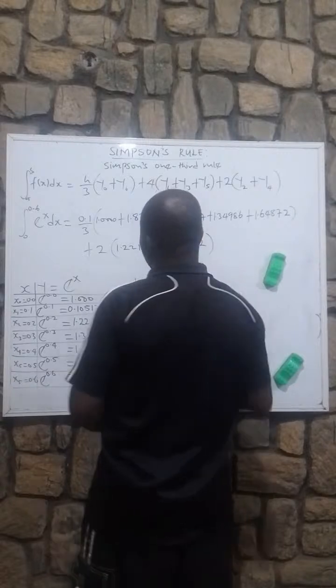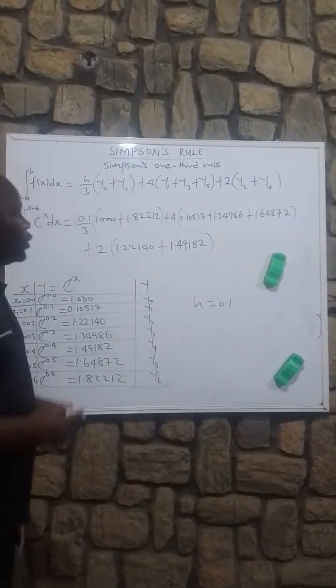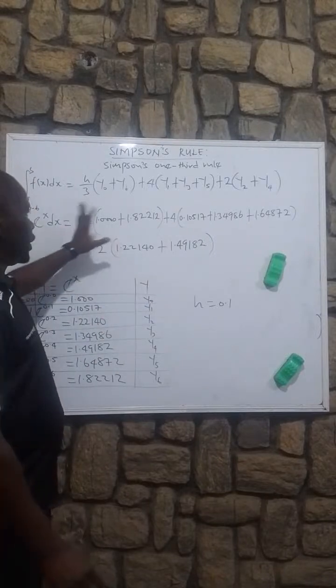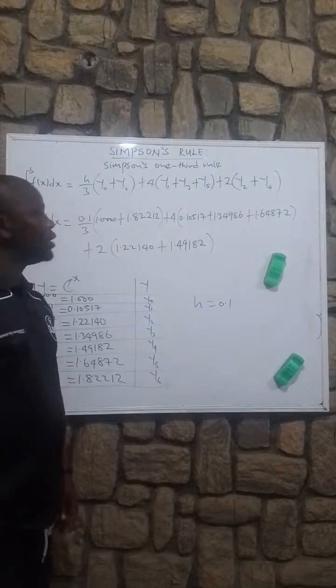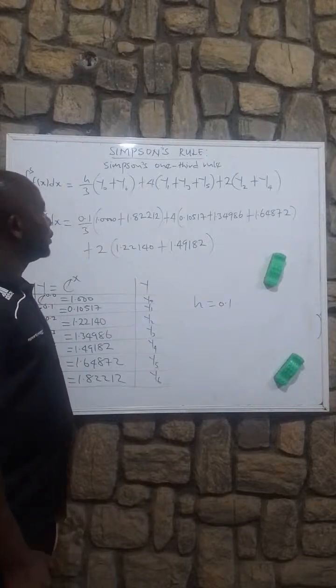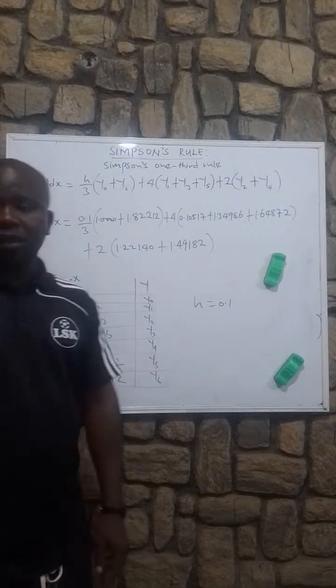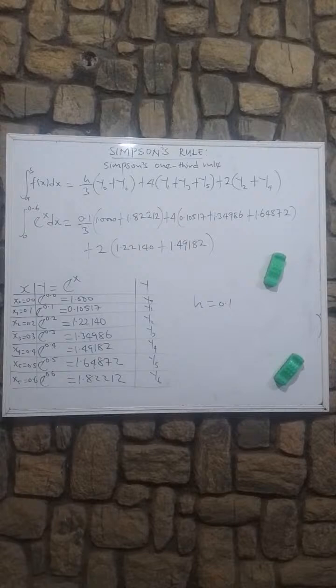So I want you guys to complete the rest of this arithmetic. Is that clear? Complete it and tell me the answer. Write your answer. So what is the answer?